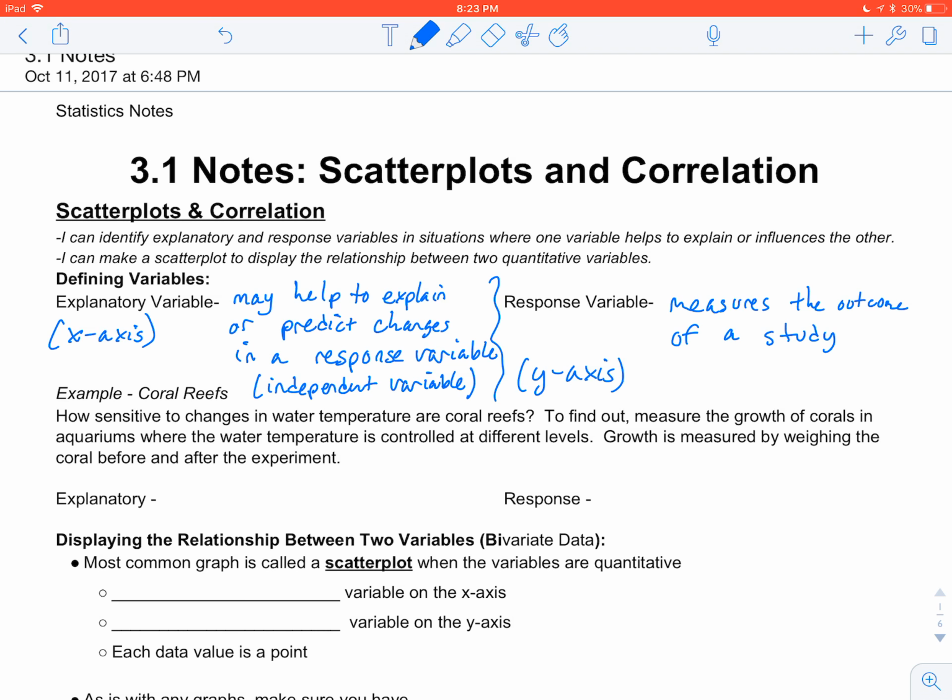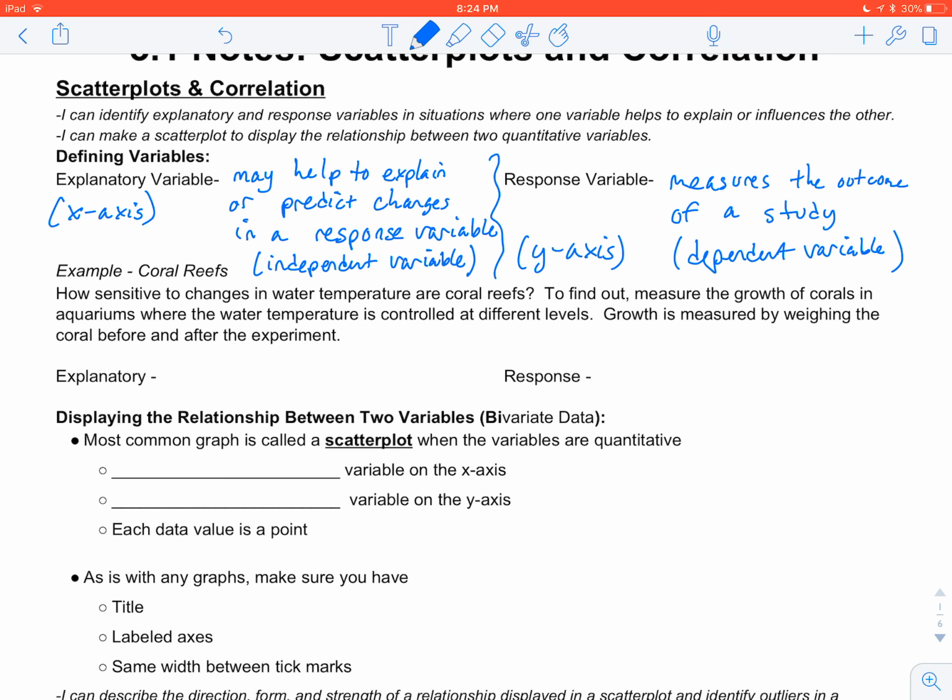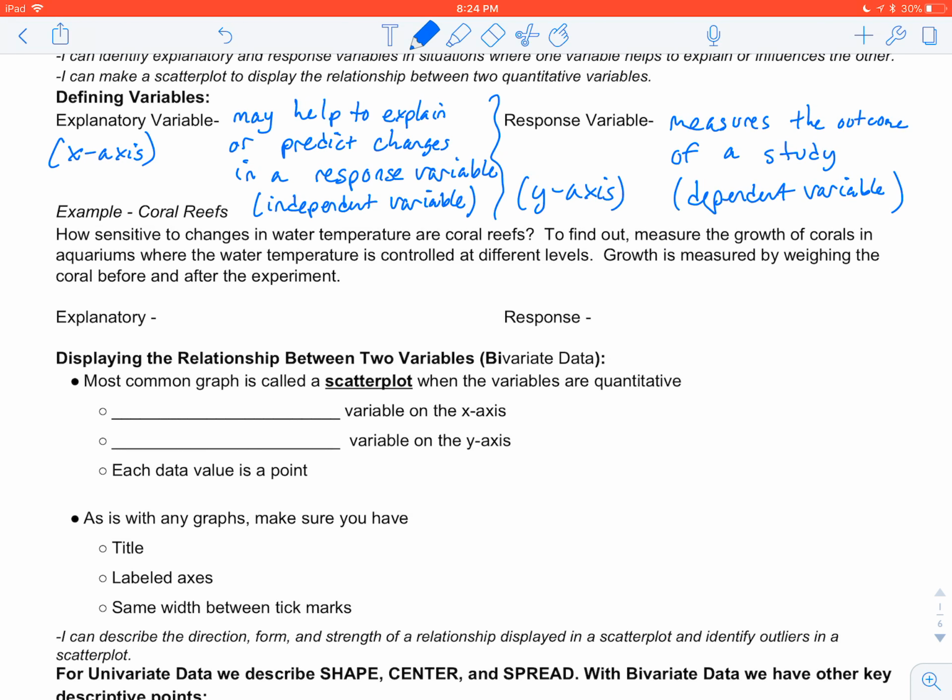This is just like your dependent variable. And you're measuring outcome, could be effectiveness, and you're judging your explanatory variable, how well does it actually influence the response variable. Let's run through a quick example and identify what the explanatory and response variable are in this example.